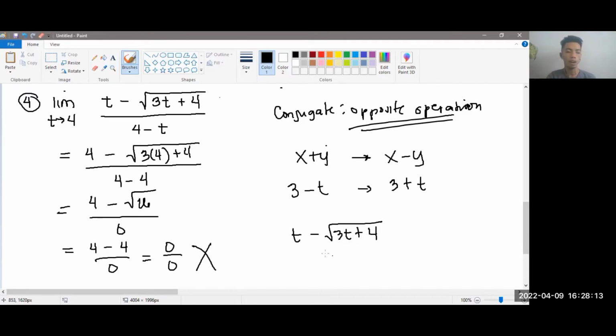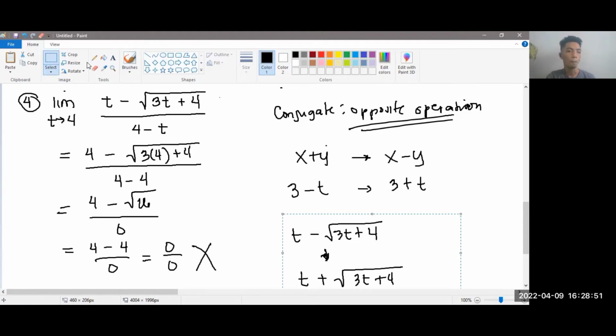So, ang conjugate niya ay t plus square root of 3t plus 4. So, ibig sabihin, imo-multiply natin yung conjugate natin doon sa numerator at denominator ng ating rational function.